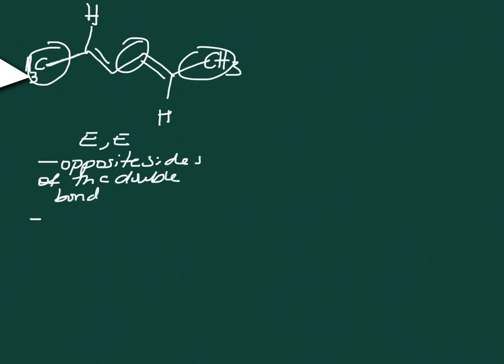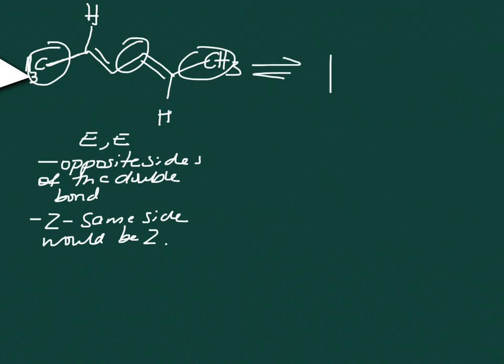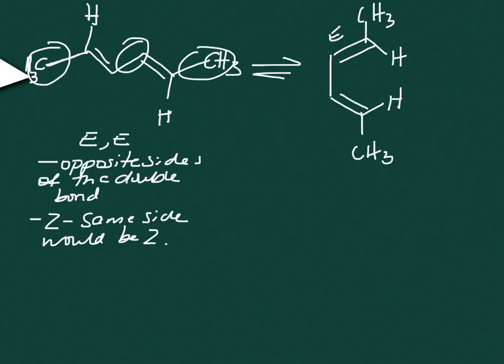If they were on the same side, they would be Z. When we rotate this into the S-cis conformation, we have to maintain that E stereochemical relationship. This would put one methyl group here, and the other methyl group here. These alkenes are both E.